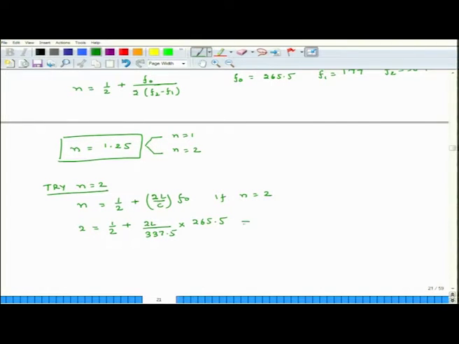So, what I get is L, if you do the math, comes out to be 0.953 meters.